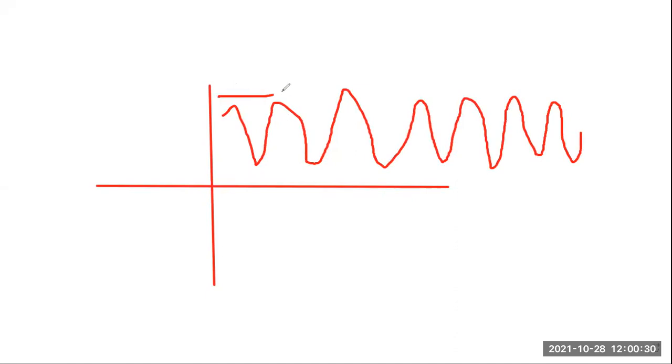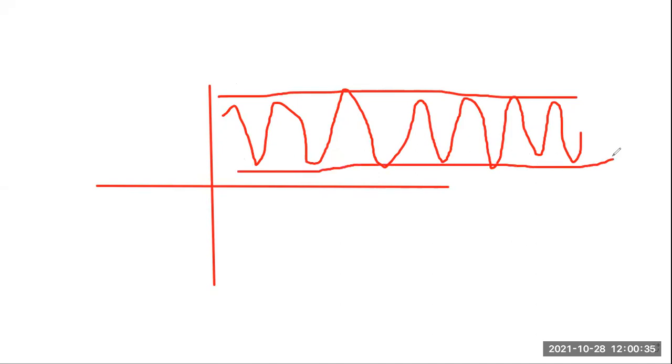The amplitude is more or less fixed, and your frequency is also fixed. The amplitude is A. So if both amplitude and frequency are fixed, then we'll say the system is marginally or critically stable. That means if you make a small parametric change in the system, immediately the system will go out of synchronism.